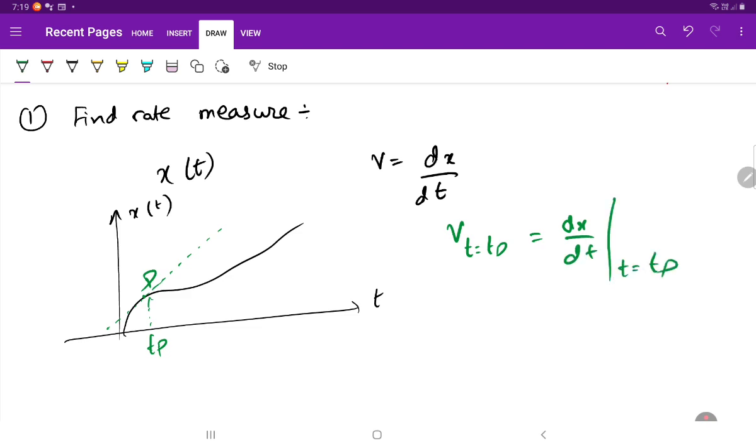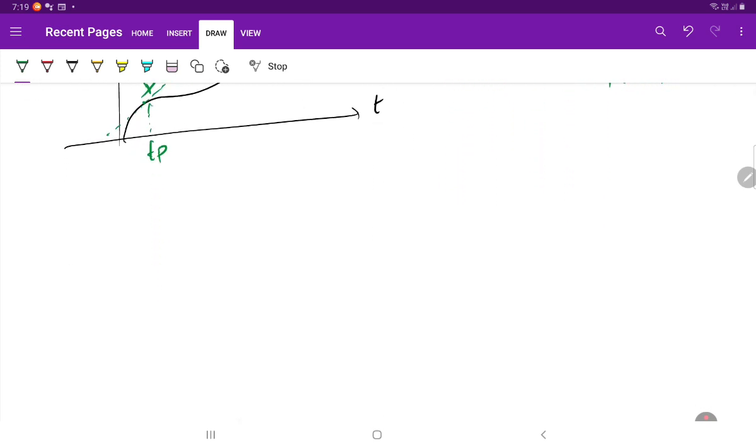So the velocity at time t equal to tp will be dx by dt at t equal to tp. For example, suppose the displacement of a particle as a function of time is given as 27t plus 4.9 t square. This may bring back your class 9th memories, because it is written as half g t square plus u t.